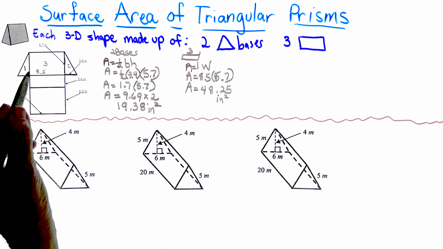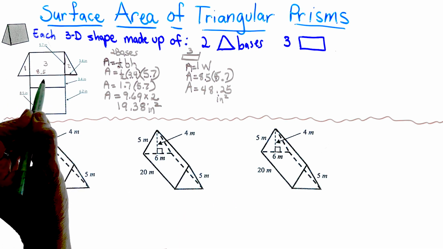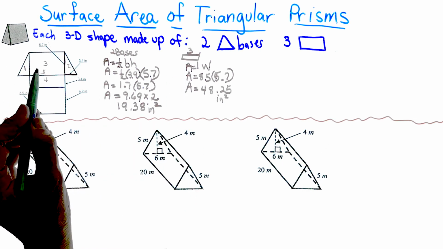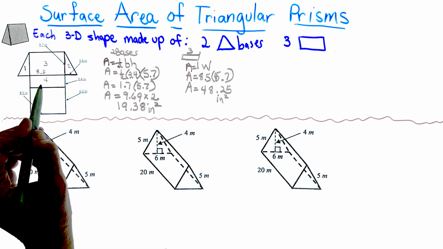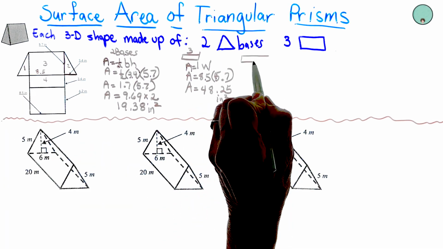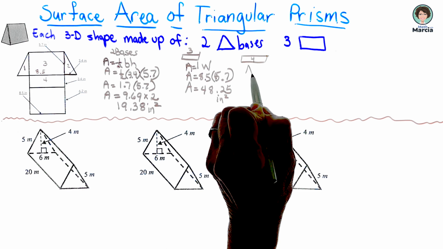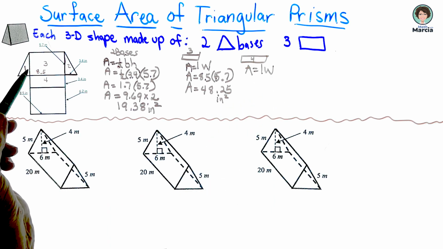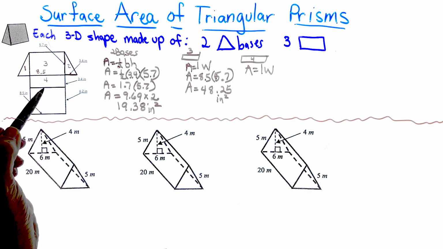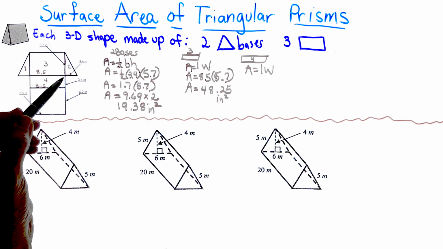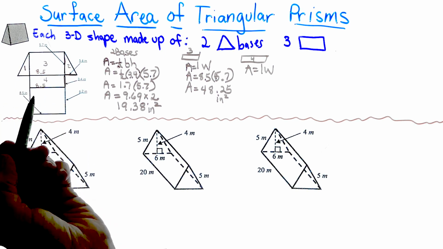All right, now I see this shape, and I'm going to number it number 4, and we only had one of these, and now I see I have one skinnier rectangle. So for rectangle number 4, area is equal to length times width. Well, we know that each one of these lines is 8.5, so I'm going to write that there again. And now here is my height, or my width.